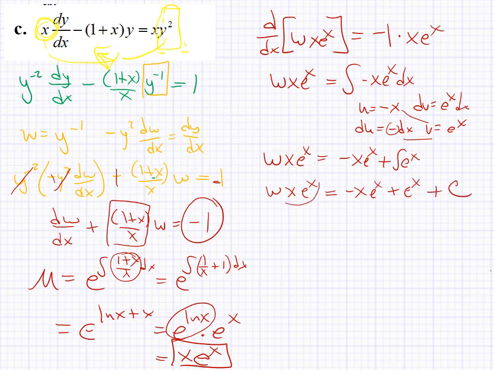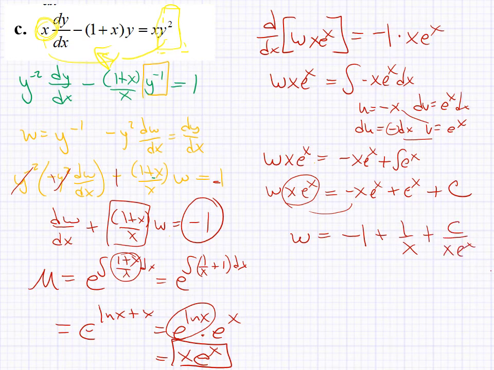So now we just divide this x e to the x through here to get w by itself. So we're going to end up getting negative 1 plus 1 over x plus c over x e to the x. We could do it that way.